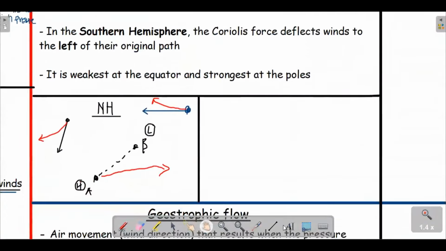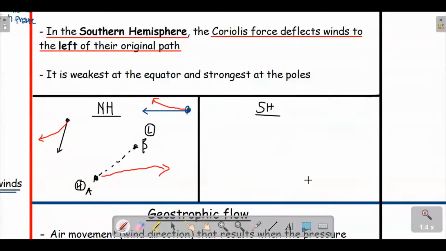And then in the southern hemisphere, it's a different story. In the southern hemisphere, where we reside, the Coriolis force deflects wind to the left of their original path. So winds are deflected to their left in the southern hemisphere.